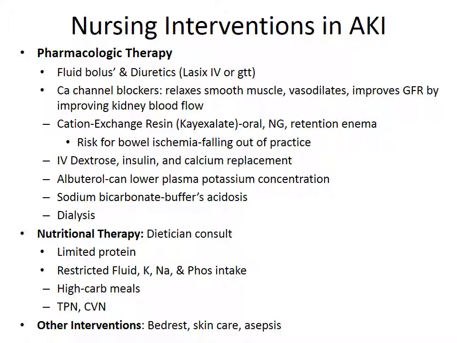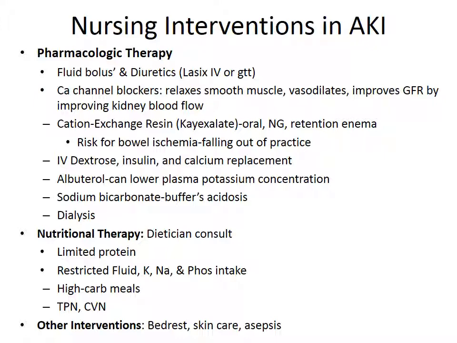Nutritional therapies for these patients include a dietitian consult. Limited protein, as the protein molecules are large and as they accumulate in the body, they will make it difficult for the kidneys to filter them because of the large size of the protein molecules. You'll want to restrict fluids, sodium, potassium, and phosphorus intake, and provide high carbohydrate meals.